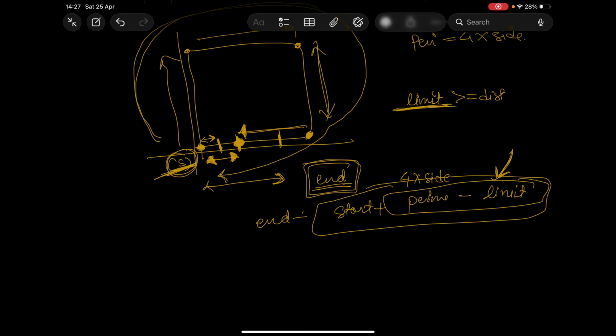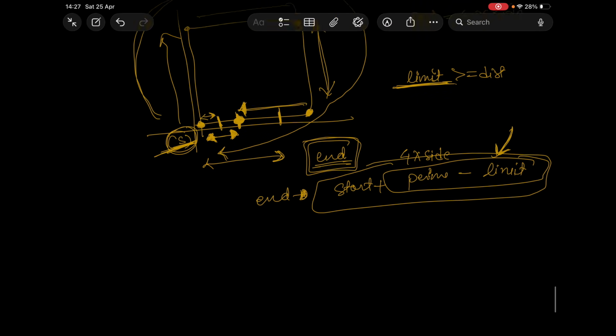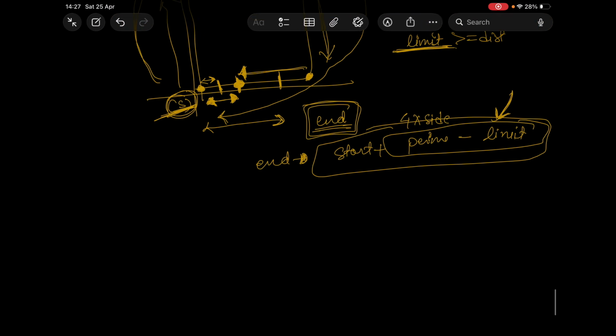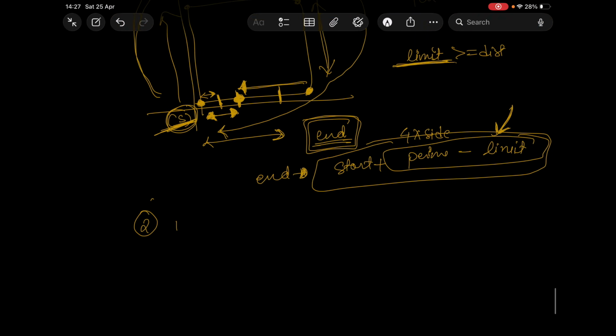So in this case, this was one case where it is not possible. The second case is, if this end value, this point that we have calculated, and how we got this point: here we are at some point px, and for this we are calculating the next point using lower bound.